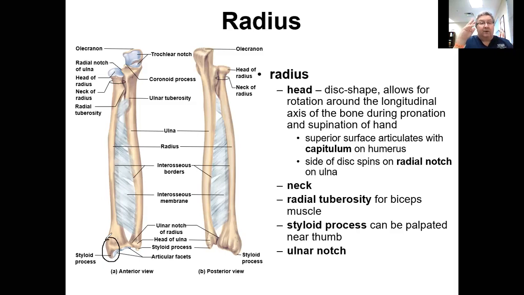The bone on the pinky side is the ulna. I'm talking about the forearm again. So the forearm bone on the thumb side is the radius, and the forearm bone on the pinky side is the ulna. Okay, so that's what you're going to need to know about the radius.